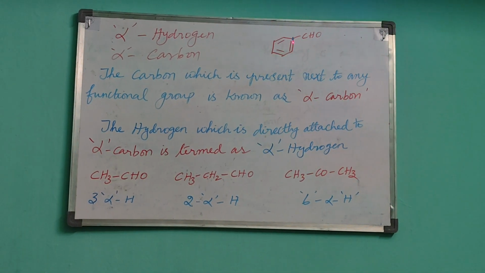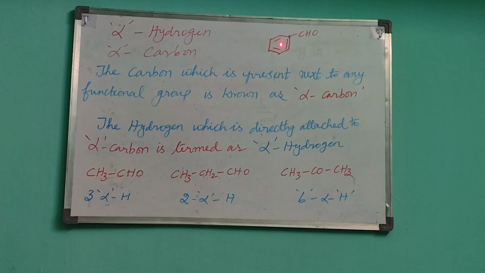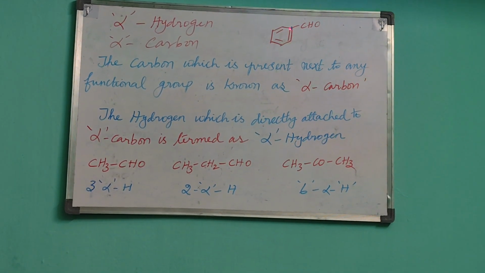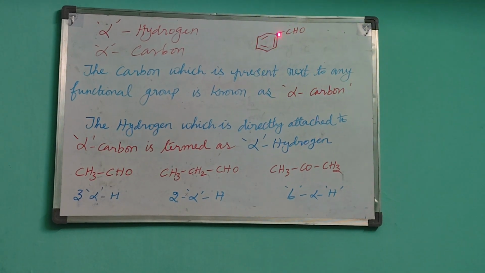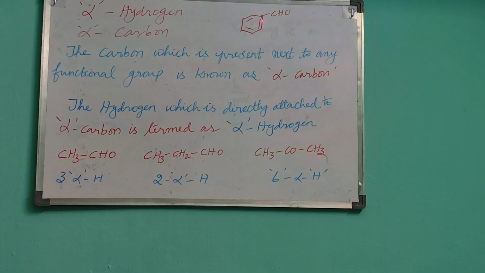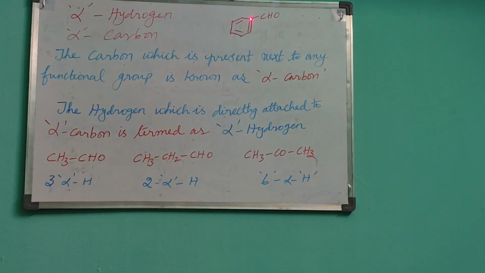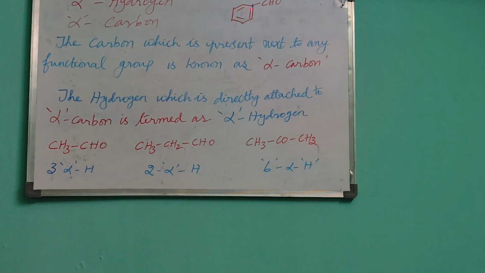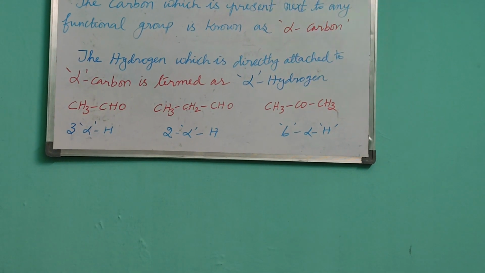If you see this alpha carbon, it already has 4 bonds. One double bond is there, so 1, 2, 3, 4. So 4 bonds are satisfied for this carbon. Therefore, there is no hydrogen left for this carbon. We have an alpha carbon in this compound, but no hydrogen is directly attached to it. So there is no alpha hydrogen in this compound, right?